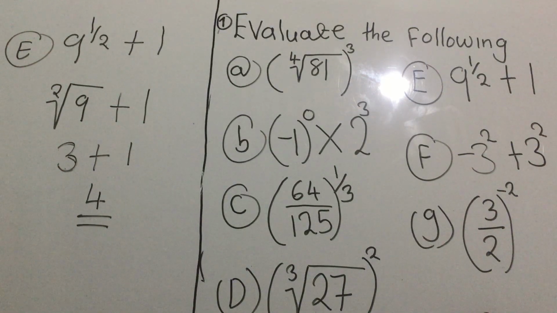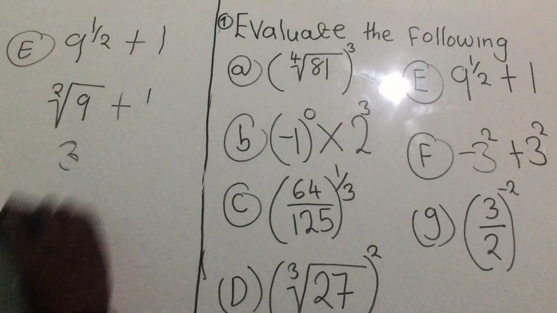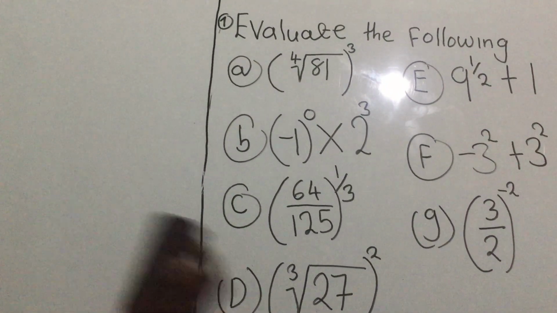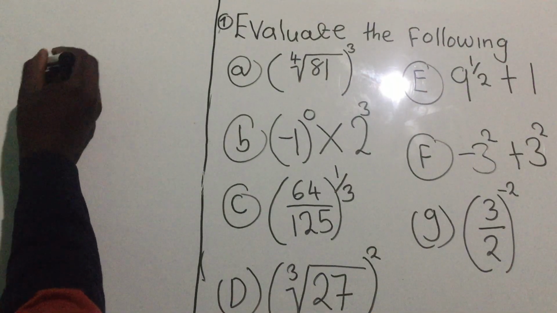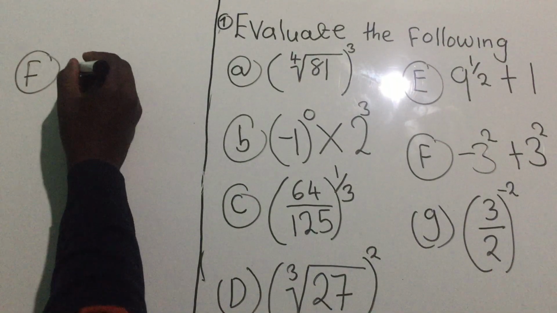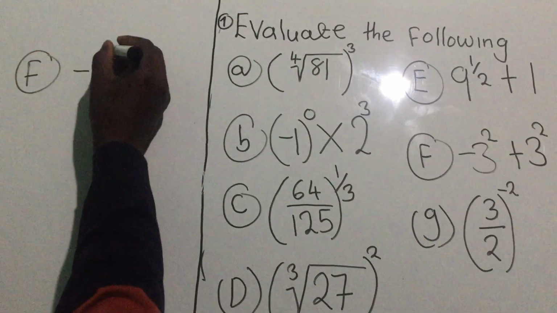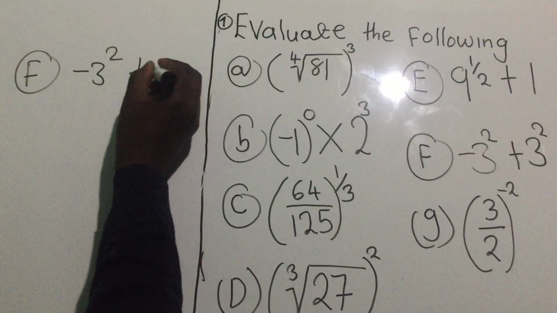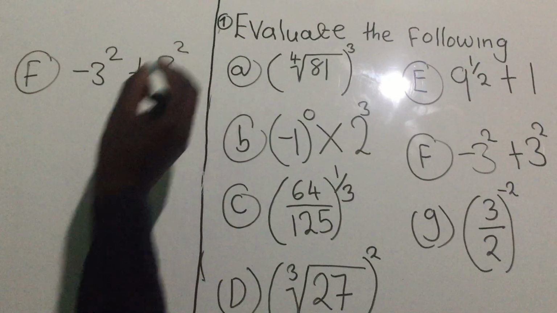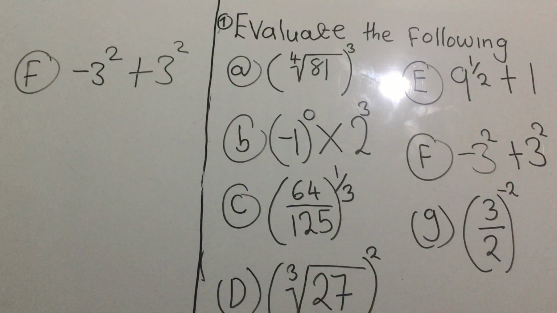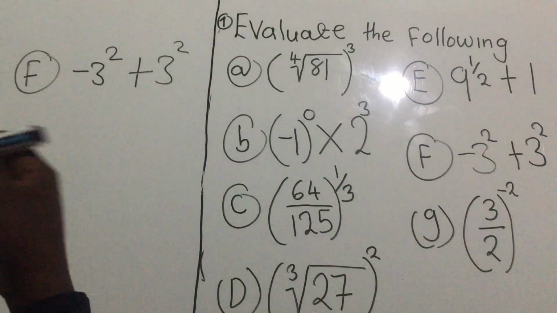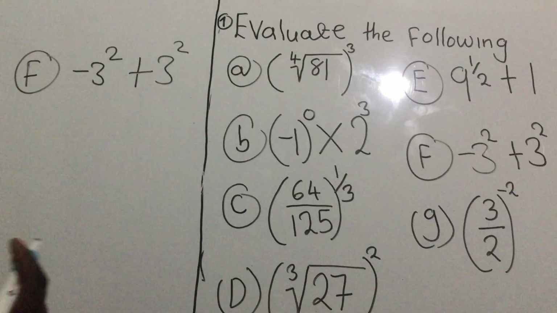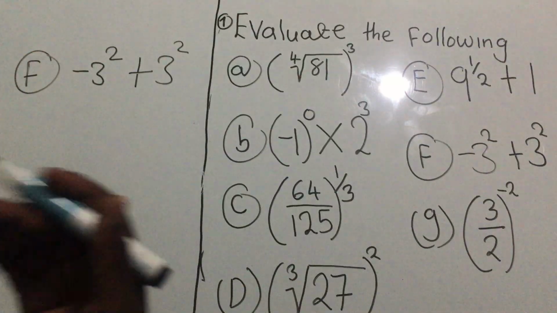So we come to question F. Question F, it says evaluate. So F says evaluate -3 squared plus 3 squared. So when you are evaluating, once the negative is not inside the brackets, just know that the negative is on its own. So how do you handle this?